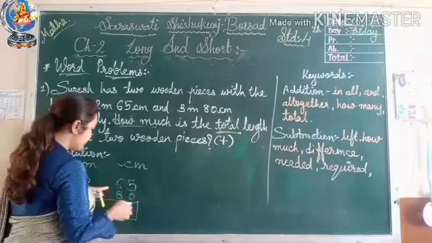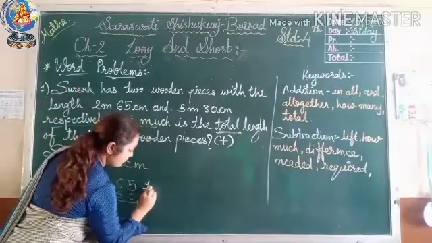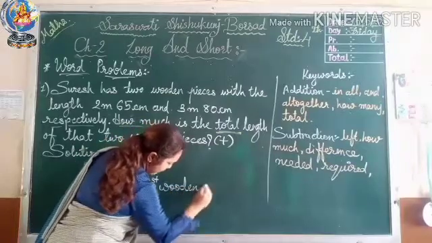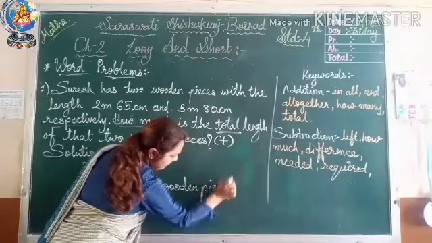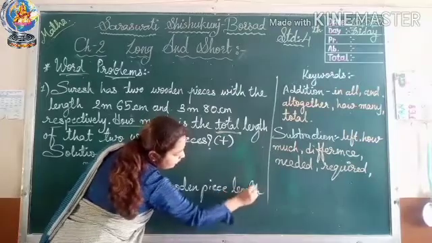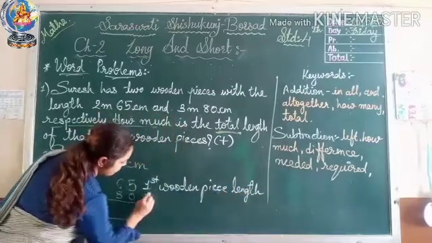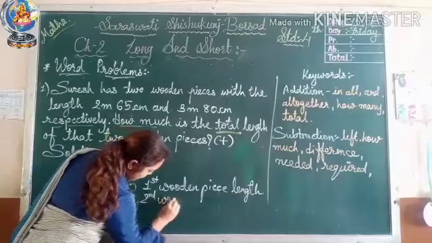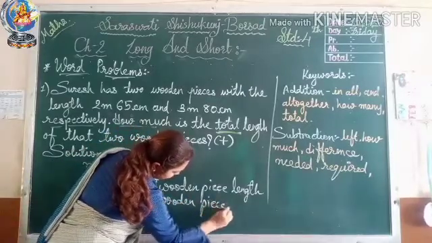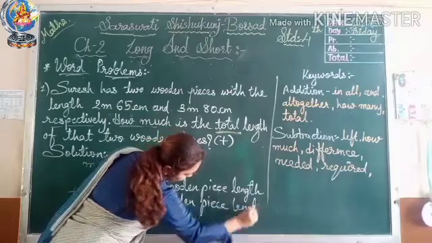The first one is the first wooden piece length, and the second wooden piece length.